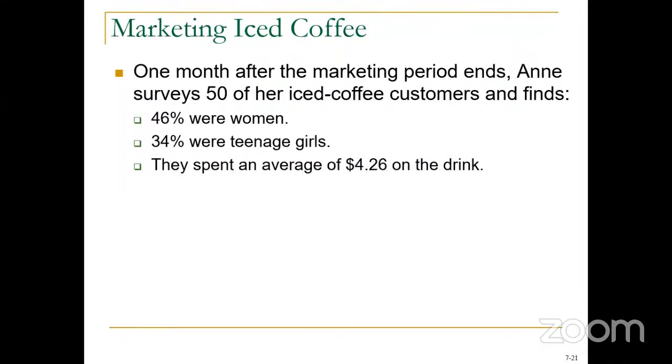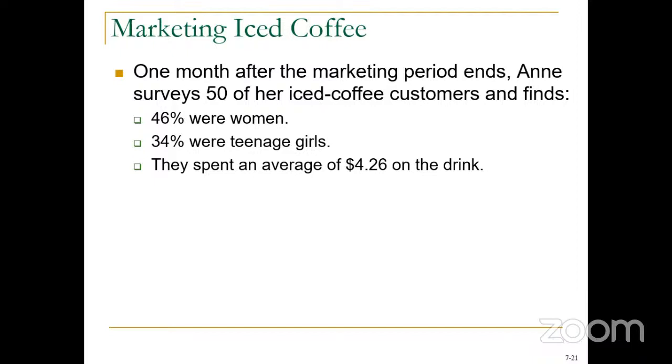One month after the marketing period ends, she surveys 50 of her iced coffee customers. So we have historical data, and now the manager has done a survey of 50 people, and she has data for the sample. The sample data says that 46% were women, 34% were teenage girls, and they spent an average of $4.26 on the drink.